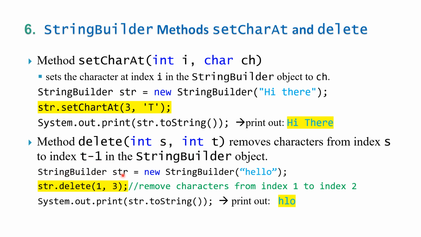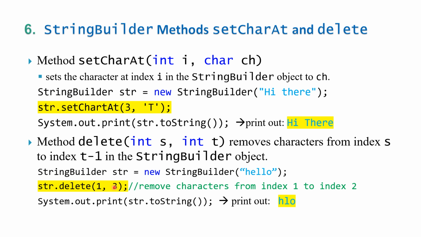For example, suppose that the StringBuilder object str has been created from the string "hello", and then we call str.delete(1, 3). This call to the method delete will remove the characters from index 1 to index 3-1, which is 2.